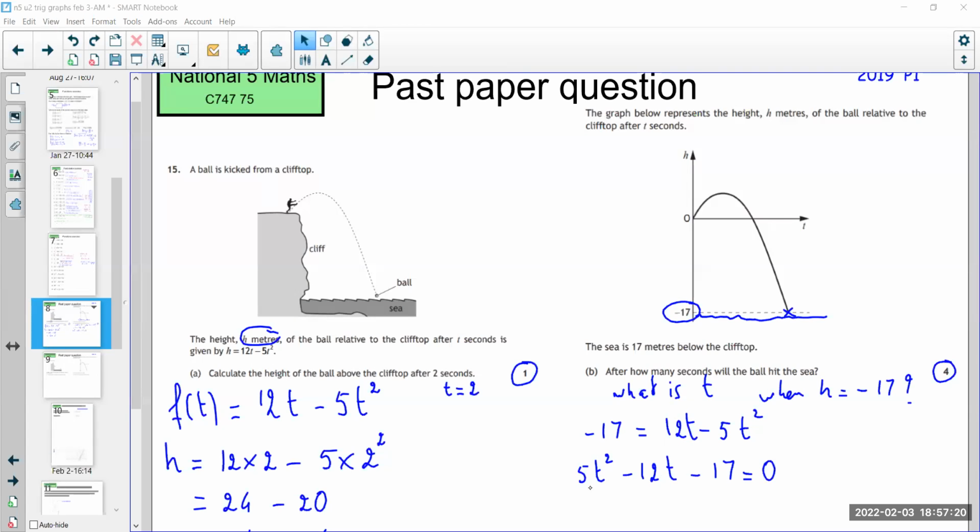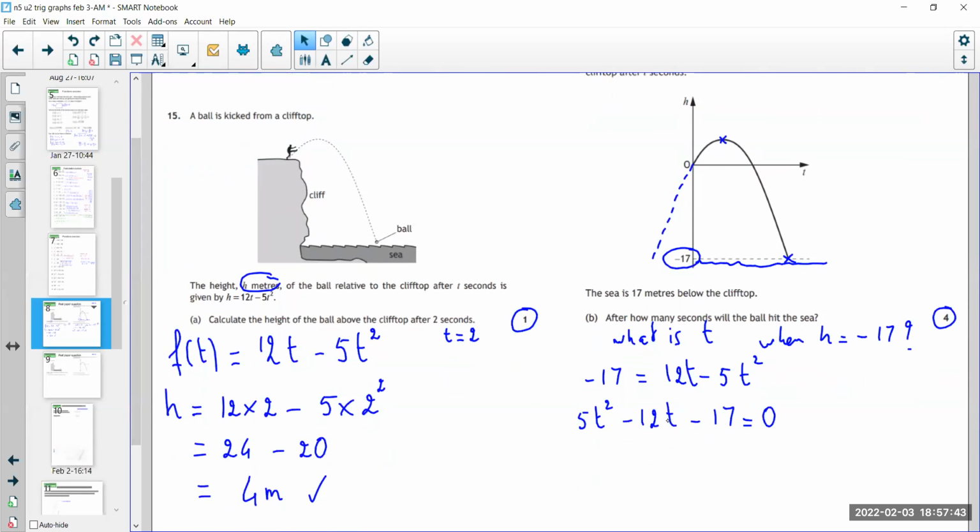And why do you think we've got a quadratic? Because if I was to finish this function, you can see that you've got a quadratic and you do have what we call a turning point there, if you've done some of the work so far. But that's not the question they've asked us.